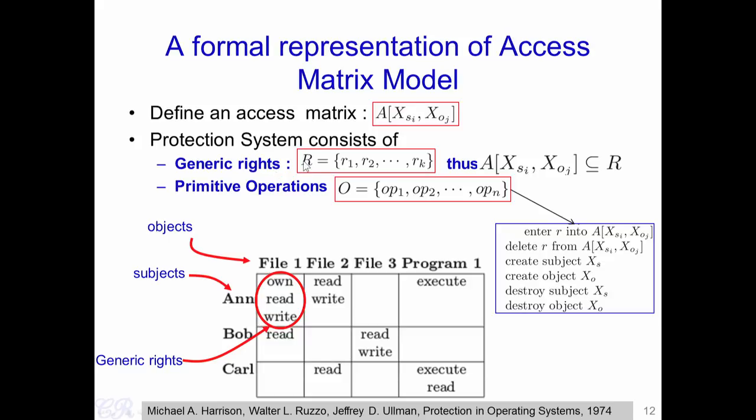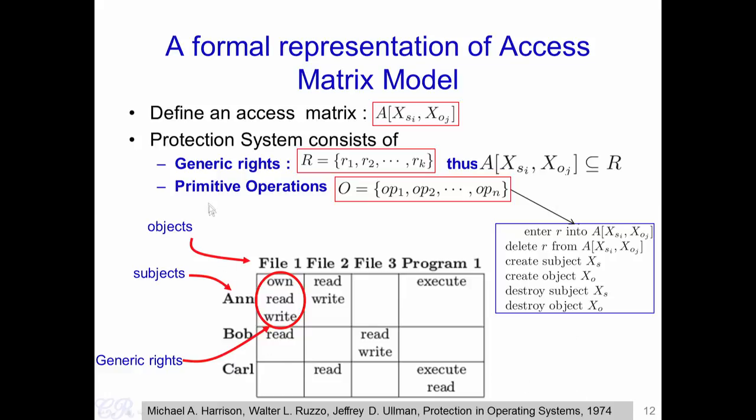For example, the rights could be taken from a set R_1, R_2 to R_k, and A of XS_i, XO_j is a subset of R. In this example the rights are own, read, write, execute, and so on, and these would be in the set R. Corresponding to each cell in this matrix we define what the rights are. So, this defines what rights subject S_i has on the object O_j.